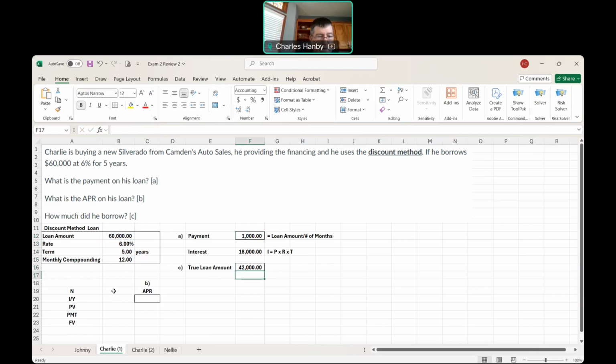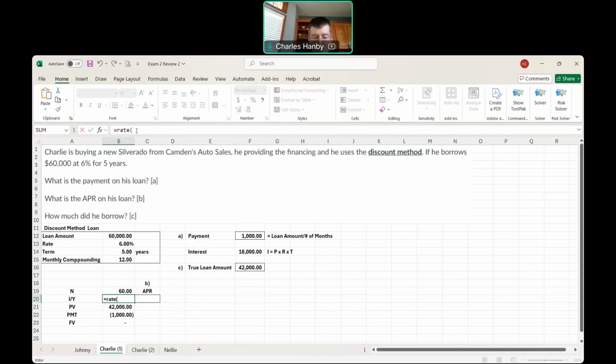So now to calculate the APR, we need the number of periods, 5 times 12. Now calculating I/Y, the PV is the true loan amount, and then the payment is $1,000 and 0 future value, and just like before, equals rate.